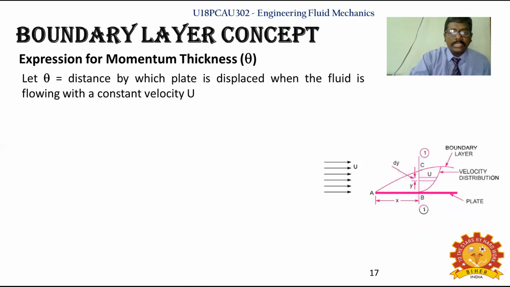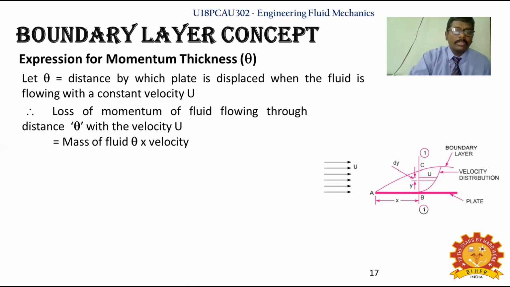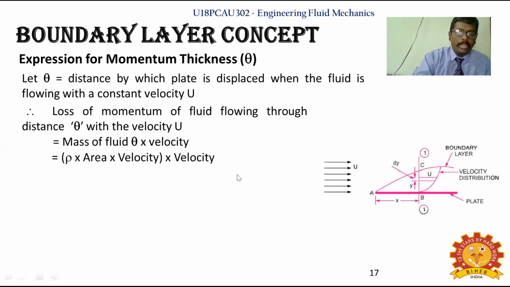And for another equation, you are considering theta, that is the distance by which the plate is displaced when the fluid is flowing with a constant velocity U. So the loss of momentum of fluid flowing through the distance theta will be the mass of fluid for this momentum thickness theta into velocity, so that you will be getting rho into area into velocity.